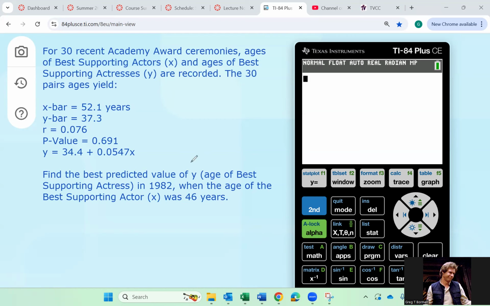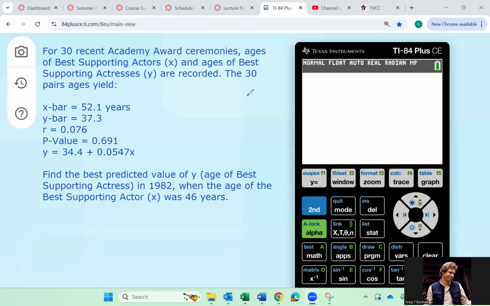Okay, and we're not testing a claim. We're just finding the best predicted value of Y for 1982. So that is where we are going.